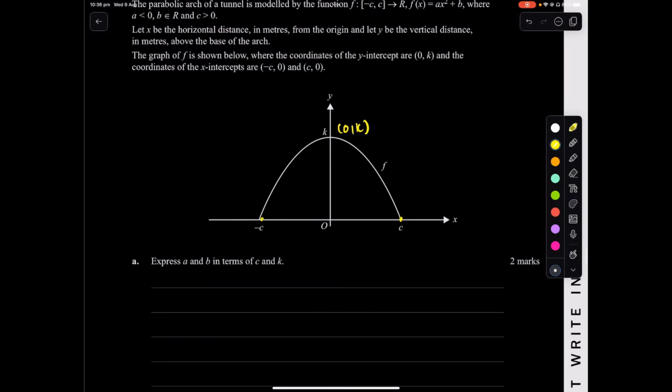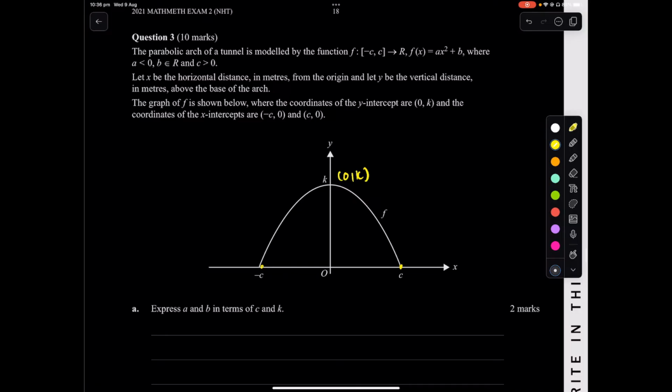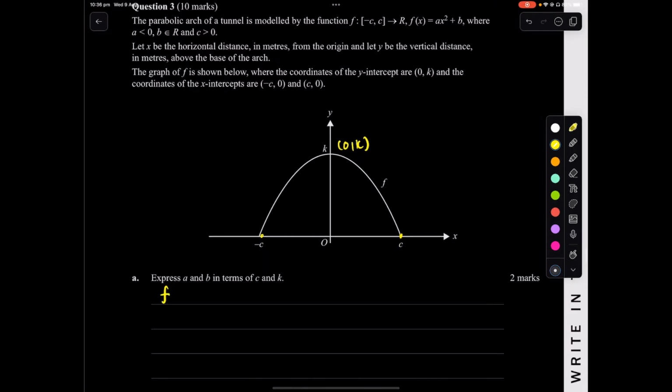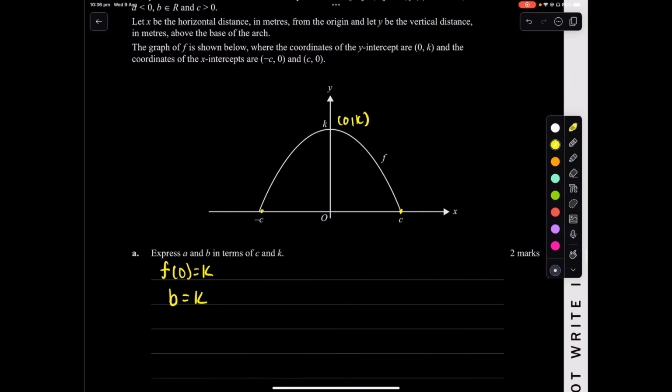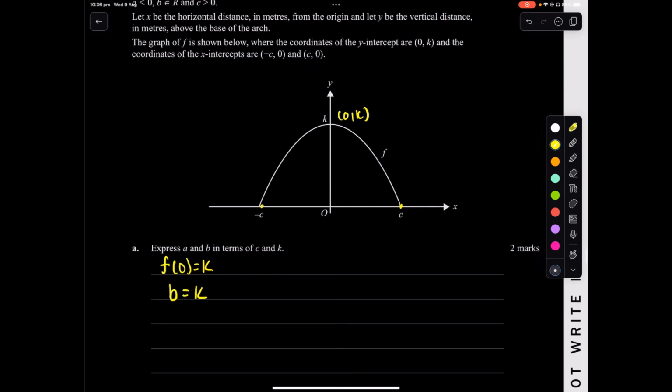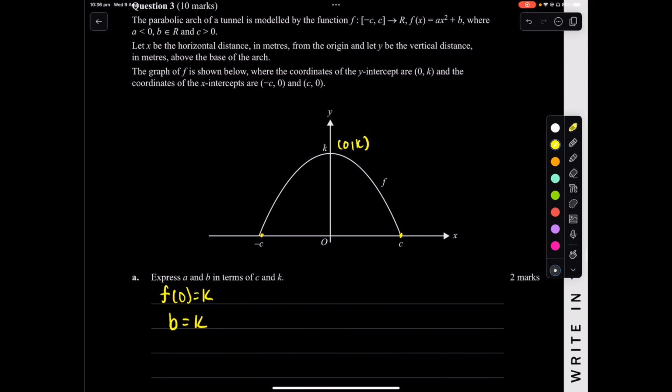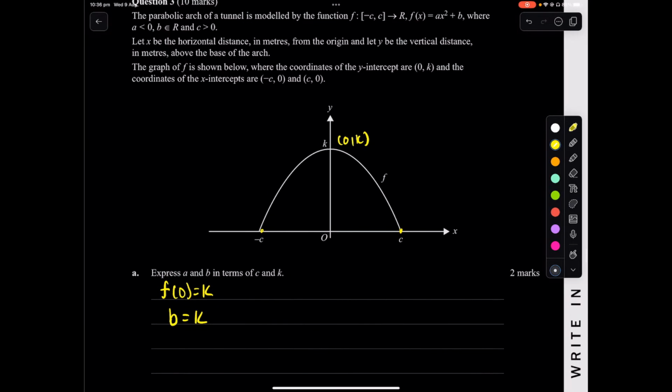Express a and b in terms of c and k. Okay. Well, we know that f of 0 must equal k. So that means that b must equal k. That's easy. And for our a, let's say we choose this point, which is c, 0.